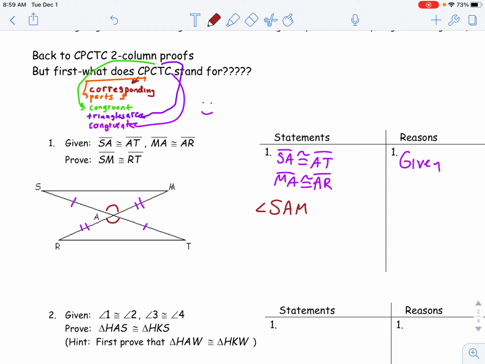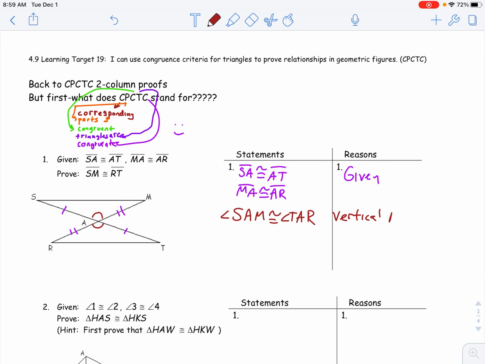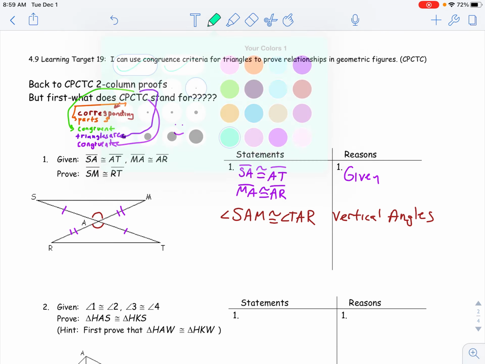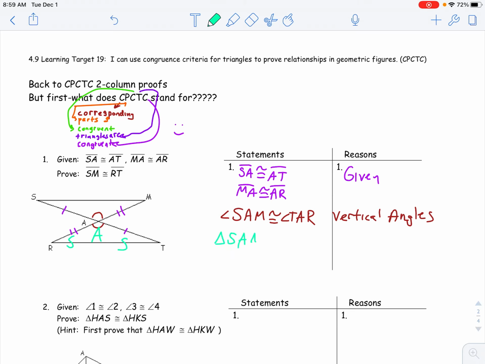Angle SAM is congruent to angle TAR. Vertical angles. So cool, I have a side, an included angle, a side. So these triangles must be congruent as well by SAS. Okay, what do I do from here?